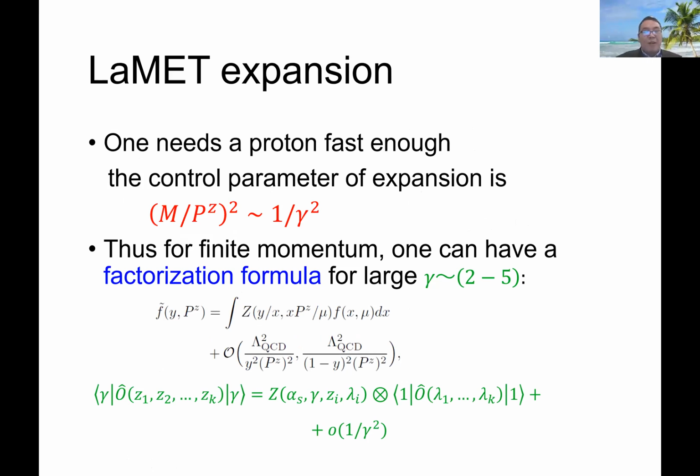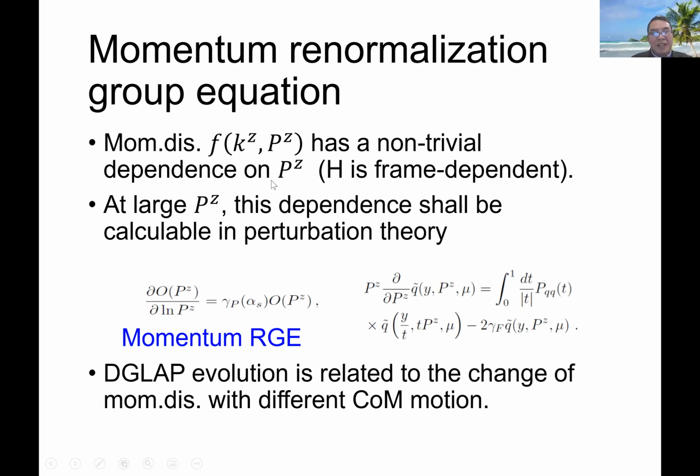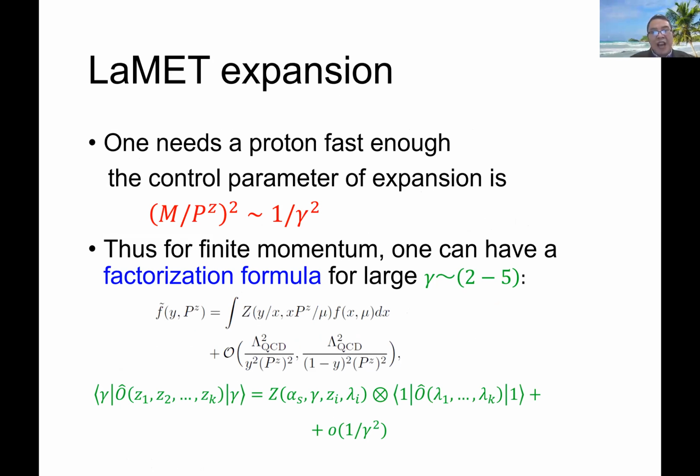Okay, so let me put all this into a formula. In order to calculate parton distributions, you can calculate a momentum distribution of a hadron with some large momentum PZ, or moving with a certain gamma factor. Then you can expand your calculation in terms of 1 over gamma. If you have gamma equal to 225, it should be a pretty good expansion.